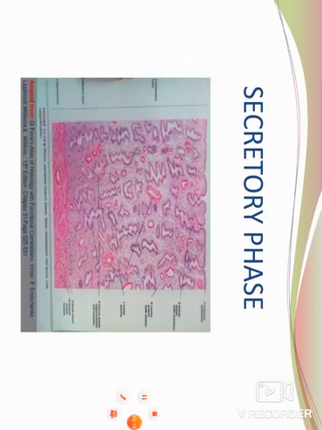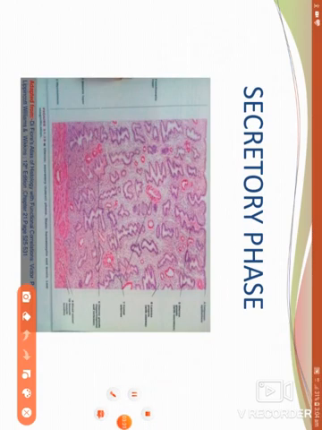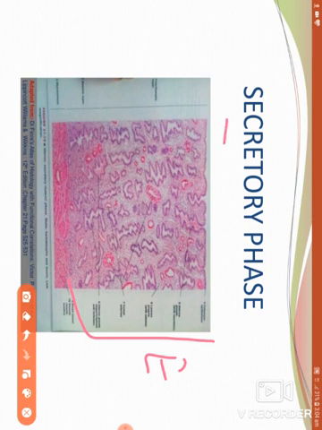Here you can see the secretory phase. This is the endometrium. It increases in thickness from the proliferative to the secretory phase. Here you can see a part of the myometrium. In the menstrual phase there is shedding of the stratum functionalis of the endometrium.